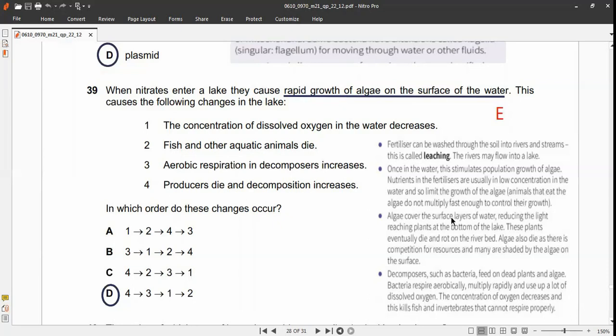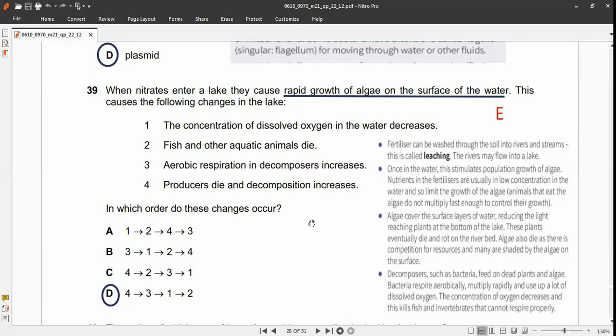Algae cover the surface layers of water, reducing the light reaching plants at the bottom of the lake. These plants eventually die and rot on the riverbed. Algae also die as there is competition for resources and many are shaded by the algae on the surface.